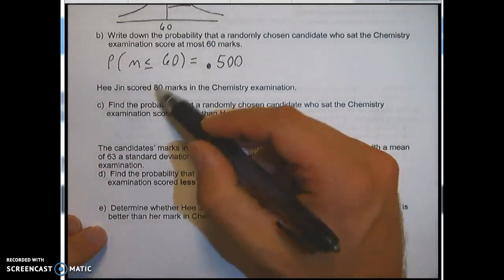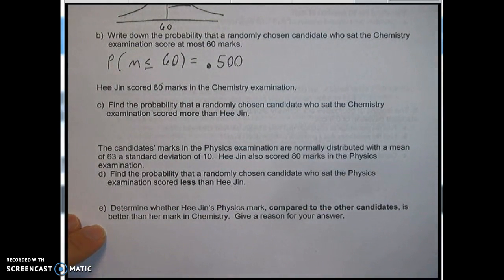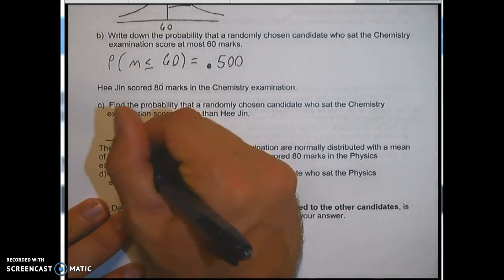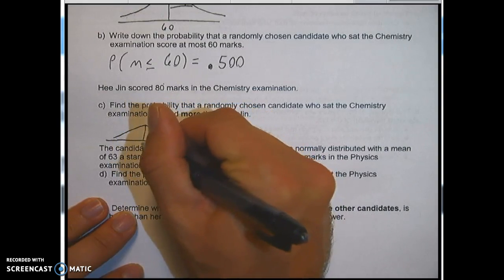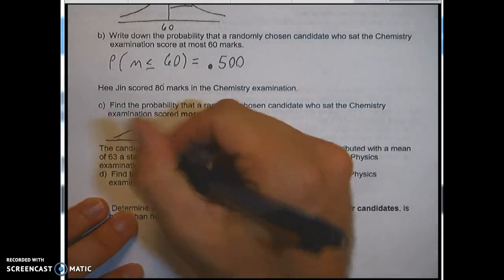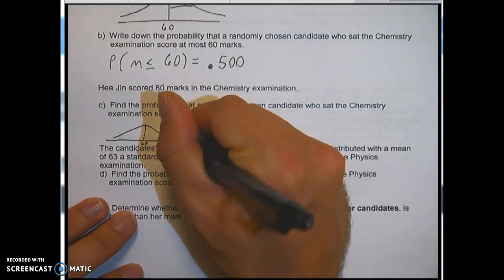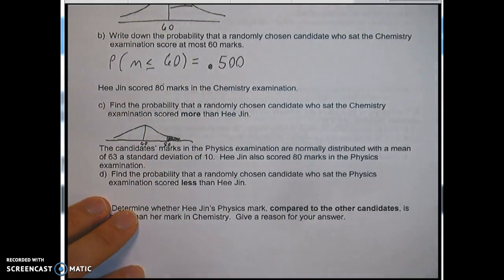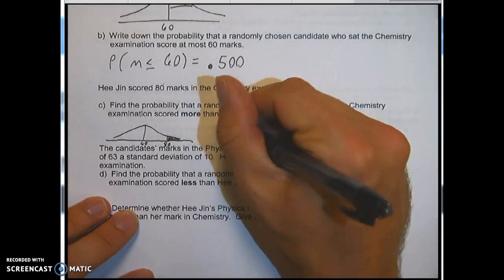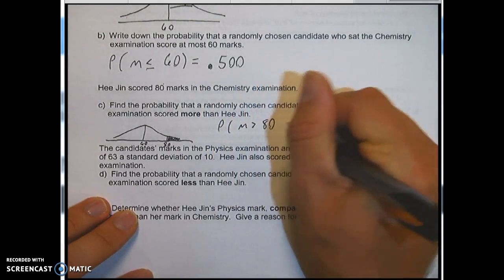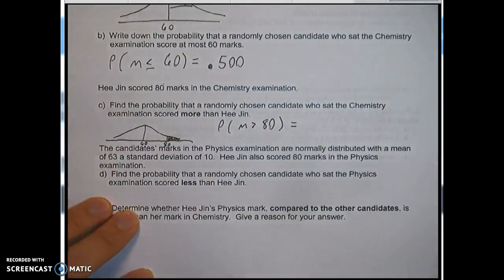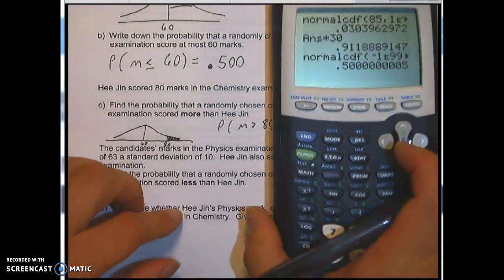Alright. So we've got a student who scored 80 marks in a chemistry exam. Find the probability that a randomly chosen candidate who sat the chemistry exam scored more than that student. So if I drew a curve, there's your 60, and there's your 80. We want the stuff to the right, scored more than an 80. So the probability of getting marks greater than 80, let's find out.